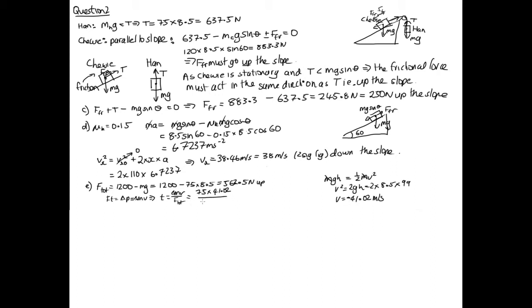So this will be 75 times 41.02, with a positive sign because this is minus the initial momentum. And this force is upwards as well, so that's positive 562.5. And solving that, we end up with 5.47 seconds, which to two significant figures is 5.5 seconds.